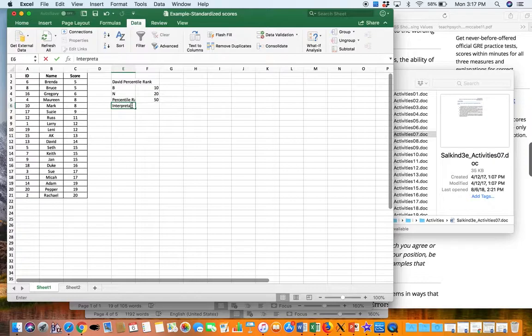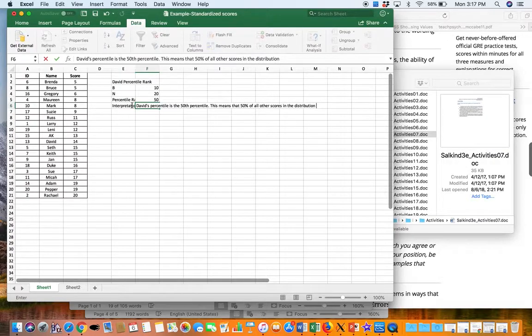So the interpretation is David's percentile is the 50th percentile. It means that 50% of all other scores in the distribution are lower than David. So David is doing pretty well. He's pretty much in the middle of the pack right here.